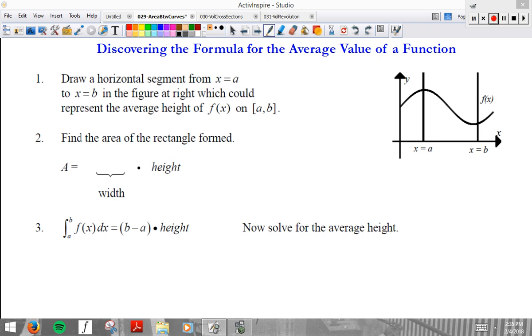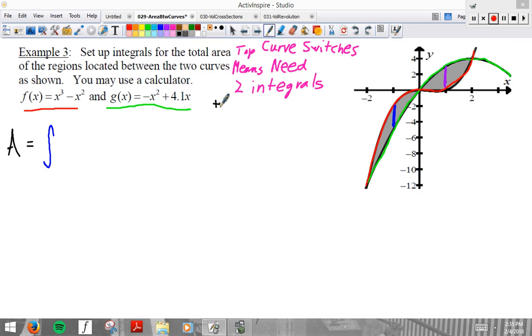Here's my idea. Don't look at that yet. Sorry. Use function names like f of x and g of x.